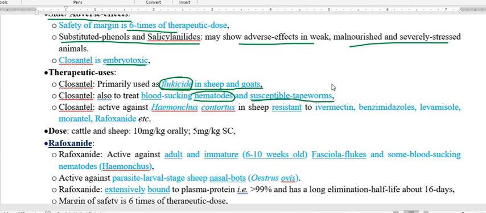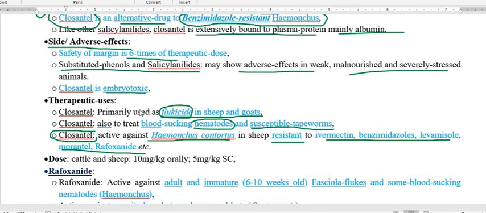This is all we already discussed. Clorsulon is also active against Haemonchus contortus in sheep resistant to ivermectin, benzimidazole, levamisole, morantel, and rafoxanide. So this is a very, very important point about clorsulon that we already discussed.